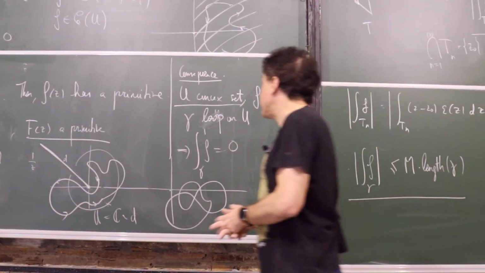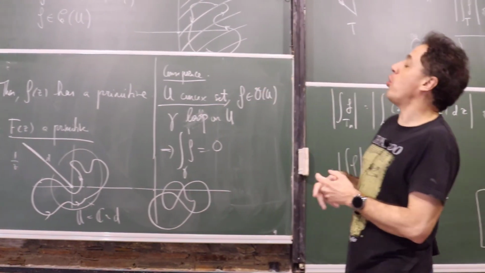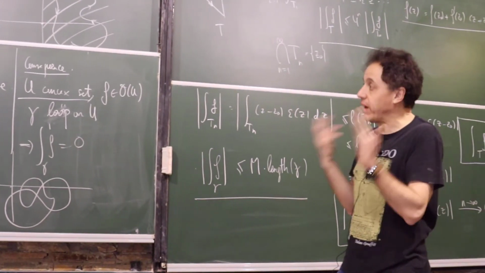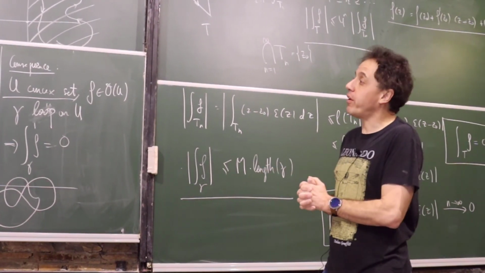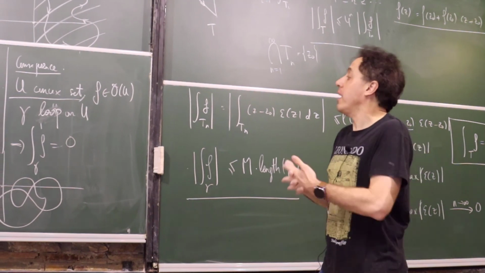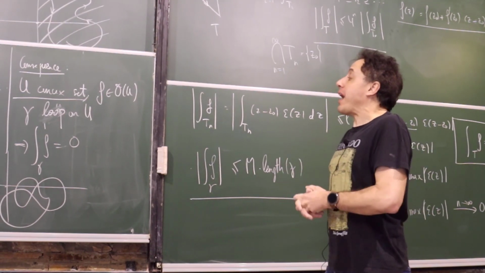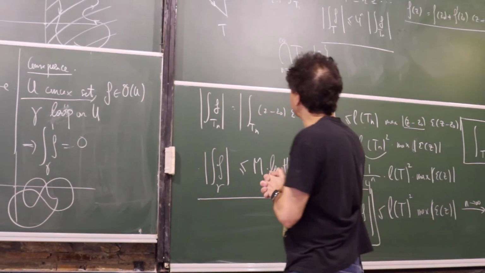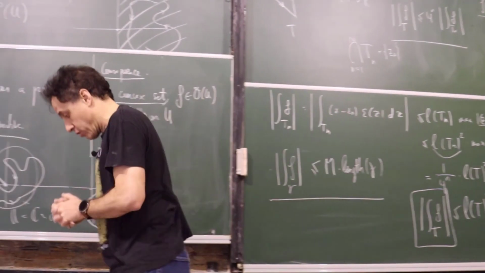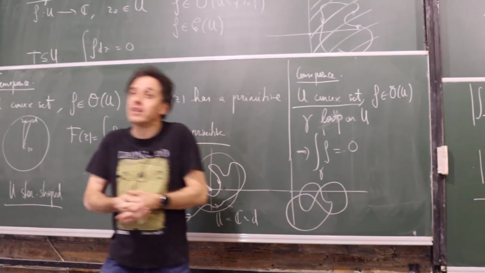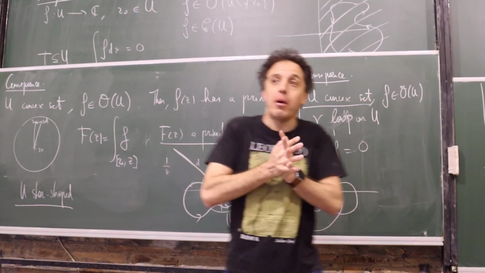In fact, this implies that the integral of any holomorphic function defined over a convex set or a star-shaped domain along any loop must necessarily be 0. As a consequence, we know that there are some functions that do not have primitives.